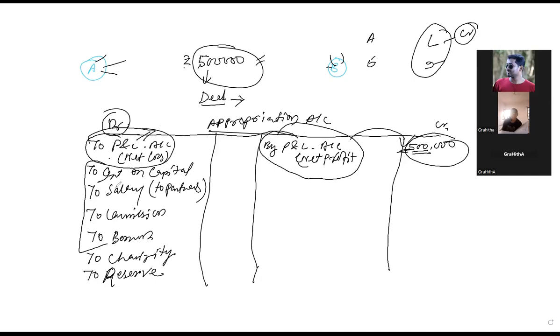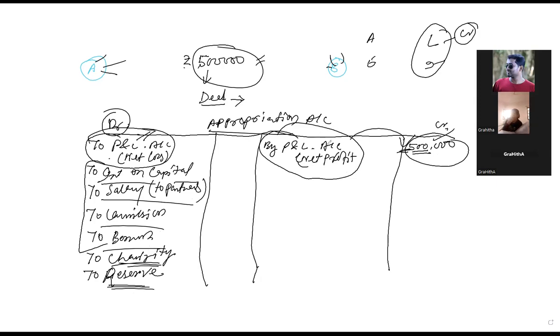After that, all the expenses the firm is going to pay to the partners: interest on capital, salary to partners, commission to partners, bonus, charity. Any expense you do for social welfare. Apart from this, if you reserve any money from your profit, that also you subtract from your income. That's why you write it on this debit side.